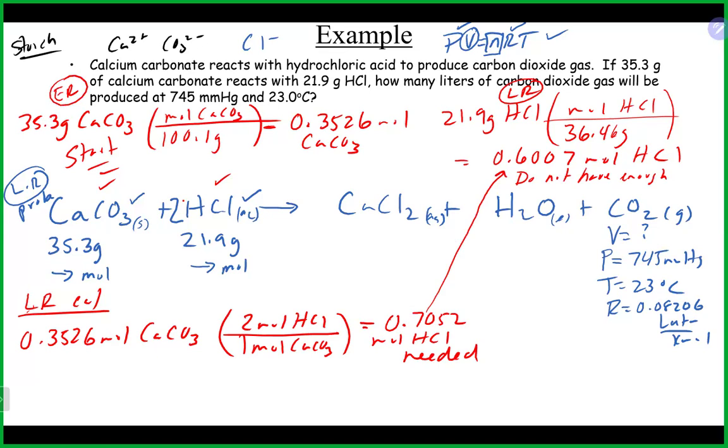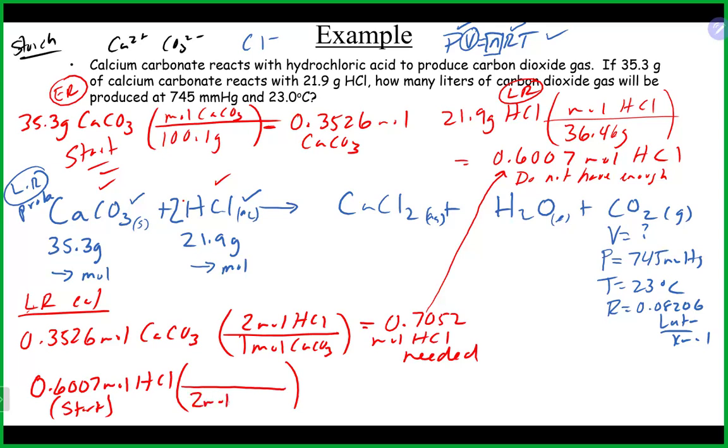Okay, so now that I know that it's my HCl that's my limiting reagent, I want to continue on with my HCl starting moles. Again, I want to use my starting moles of it. I'm going to now do my mole-to-mole relationship between HCl and my CO2.